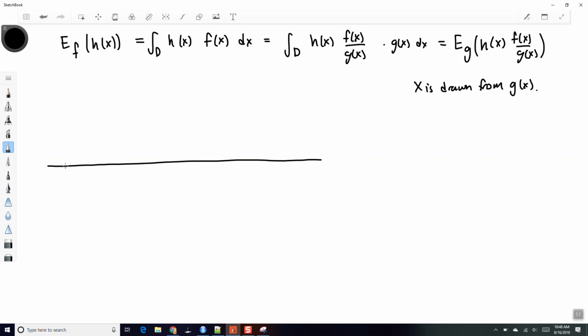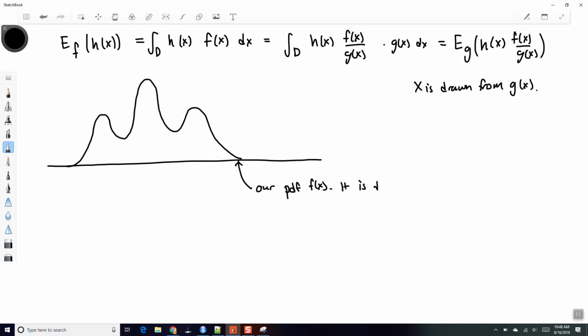So let's say we've got some PDF. This will be our PDF f of x, maybe it is difficult for us to draw a sample from it directly.